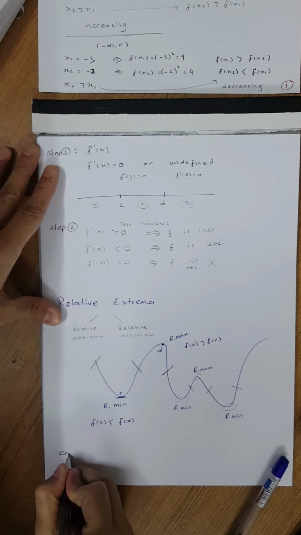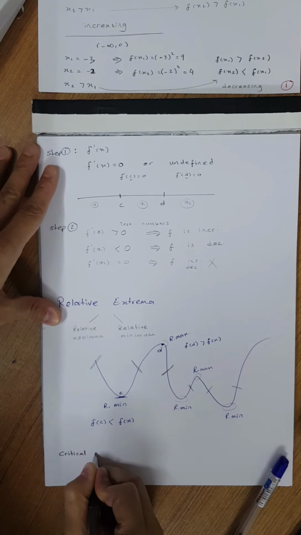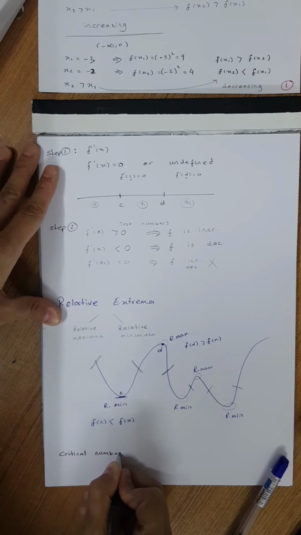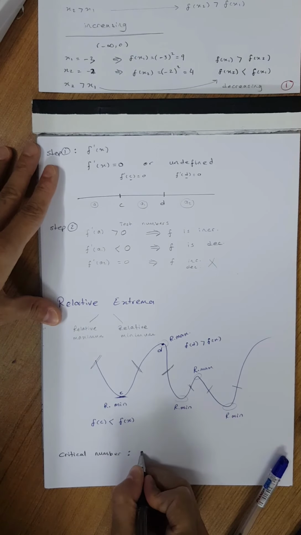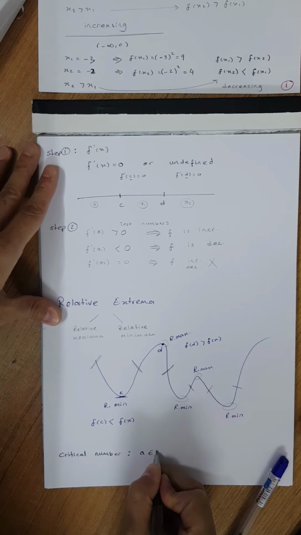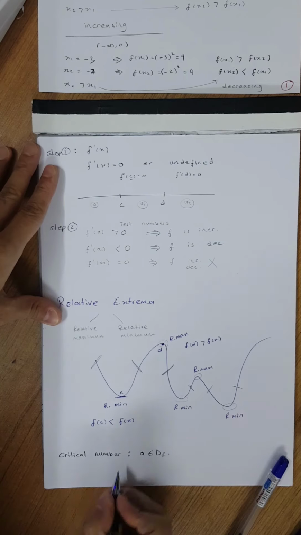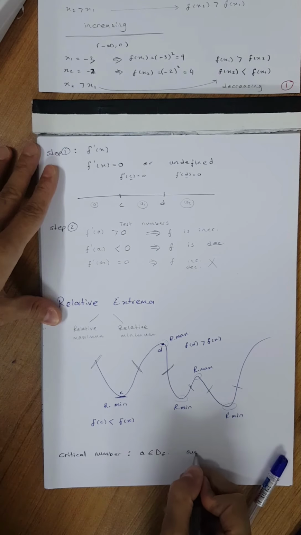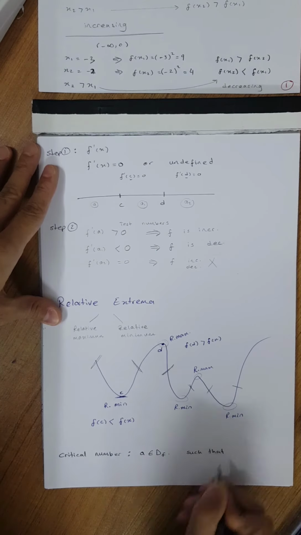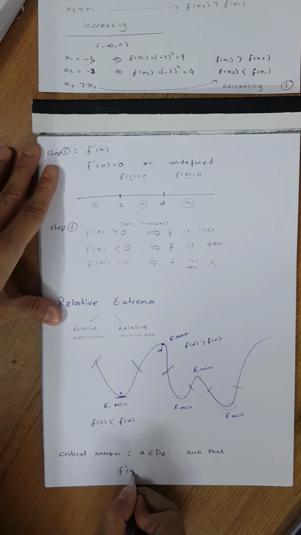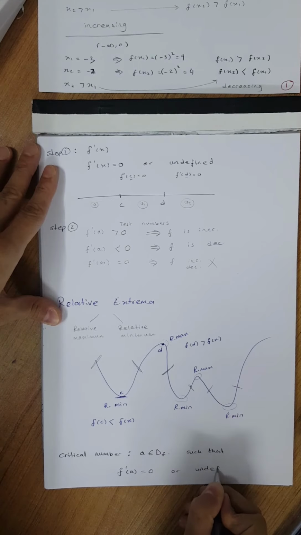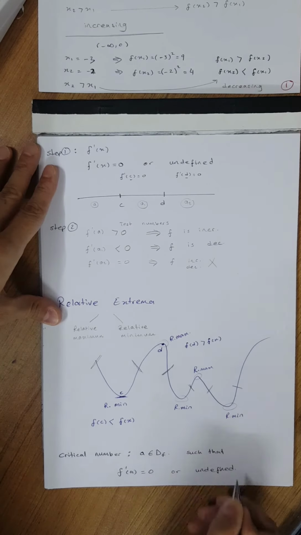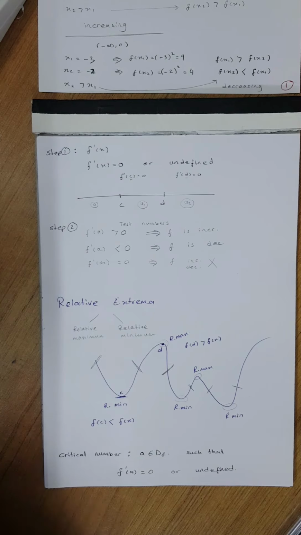Critical number is a number, for example, let's consider it as a, in the domain of the function, such that f prime of a is equal to 0 or undefined, or it does not exist.